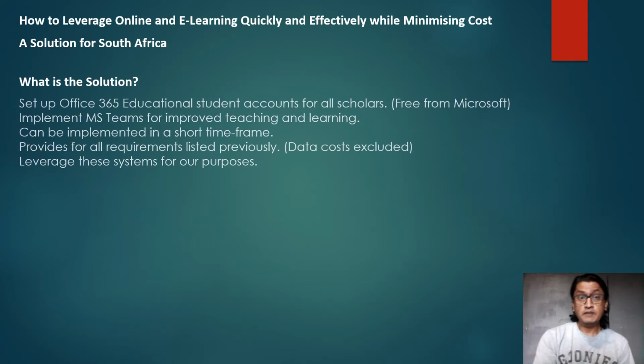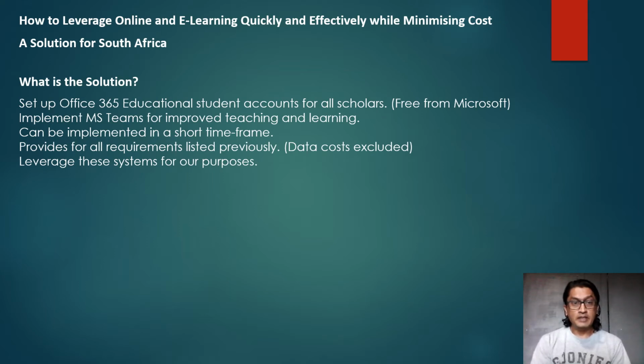So what's the solution? MS Teams. Microsoft actually offers all registered educational institutes free access to Office 365. So you are able to register your institute and get Office 365 educational licenses for all your students free from Microsoft.